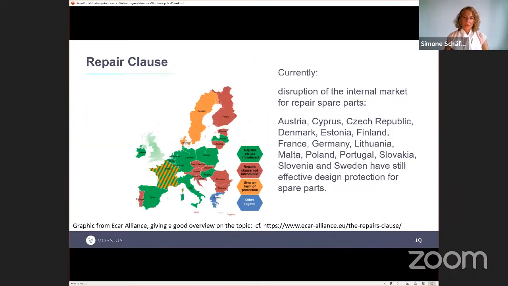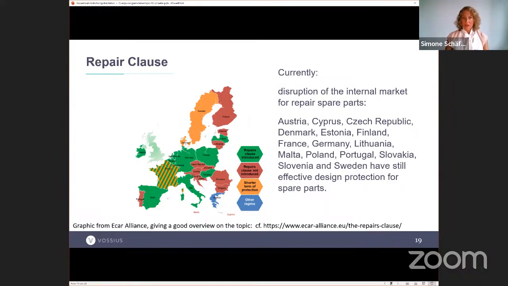So what is the status quo? I found from the source you can see below a very nice landscape showing you the disruption of the internal market for repair spare parts.